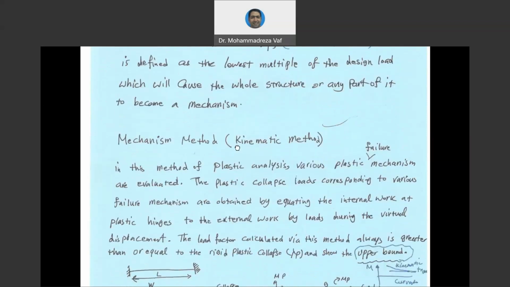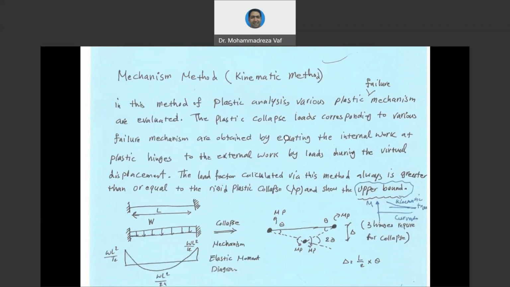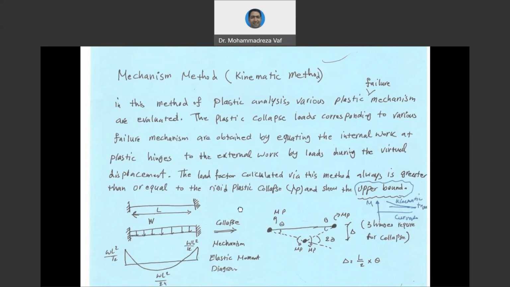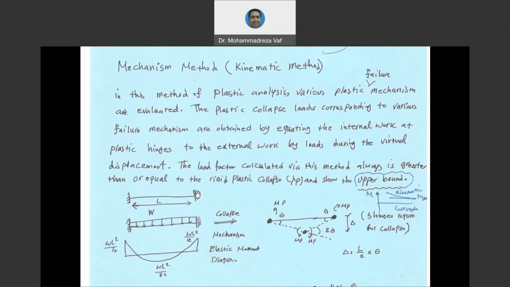Okay, just now we saw one simple example where we used the kinematic approach in order to calculate the critical load. Here again, I want to show you how we can use this kinematic approach to calculate the critical load of a fixed support beam which is subjected to uniform load.